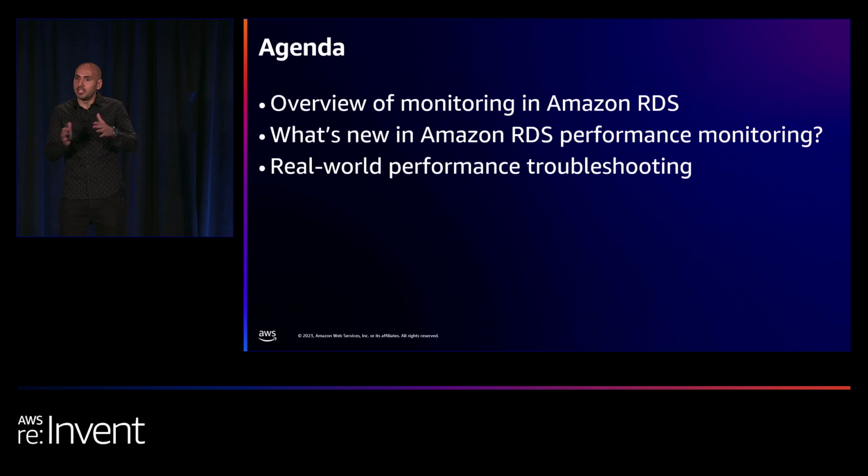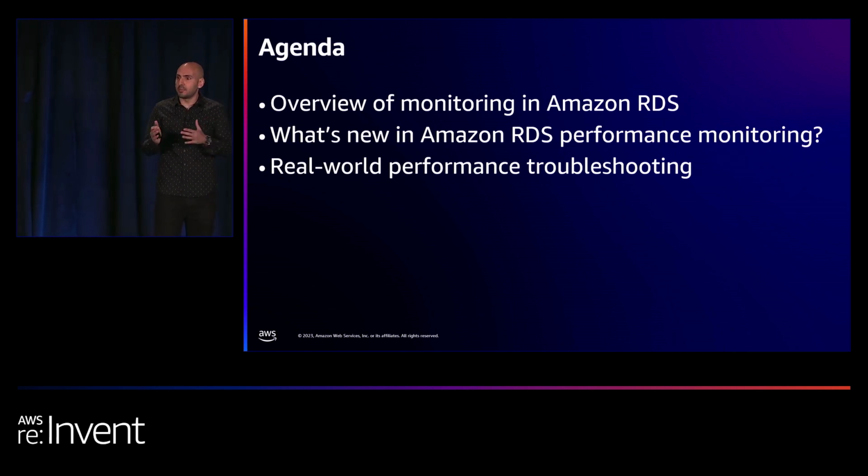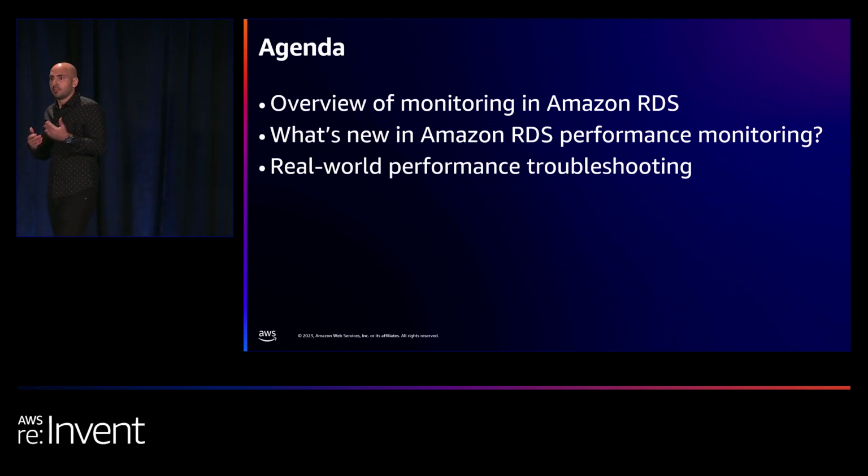So you will learn about the newest features related to performance. And we will finish with a real-world example of an online web store which faces performance degradation. And you will see what steps we took to address the performance bottleneck and to fix the issue. So it's going to be an interesting session, so stay tuned for that.